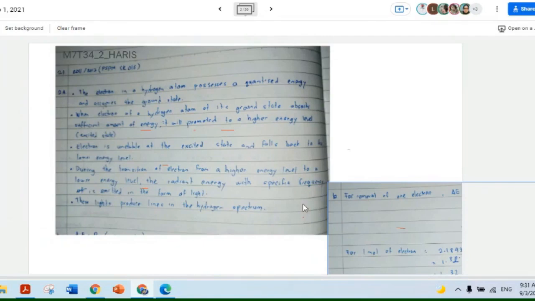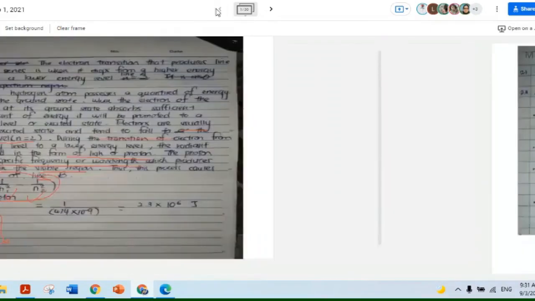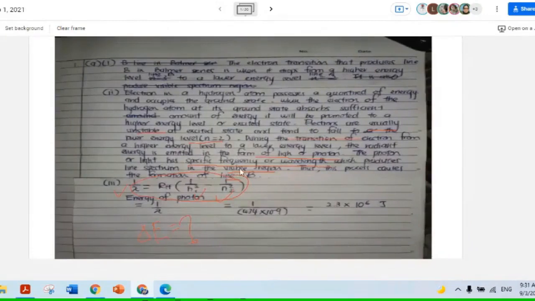You must mention photon. This is important. Harris did not mention it, but Elwin did. Look at Elwin's answer, it is the most complete. Specific frequency or wavelength which produces light spectrum in the upper region. And then what is important is that the radiant energy is emitted in the form of light or photon. You must mention this. Understand?